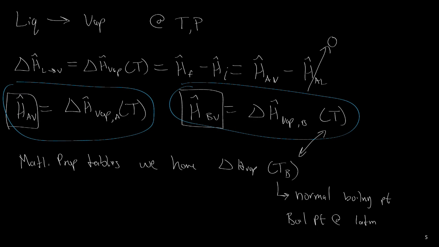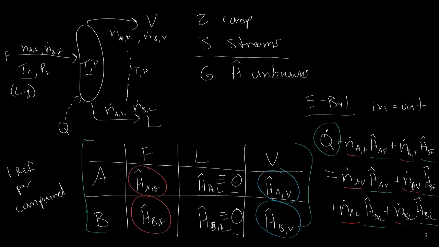The final step in the process would be to apply our energy balance right here, and it would simply be a plug and chug situation, because now we know all of our mass and molar flow rates and all of our enthalpy terms, so we can then plug everything in and solve for Q. And that's the basics of how we would build an enthalpy table and apply it to a flash calculation.